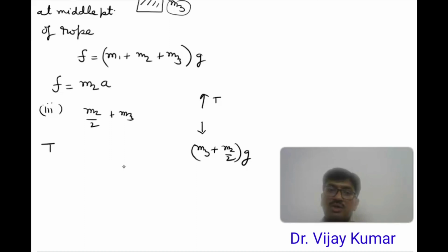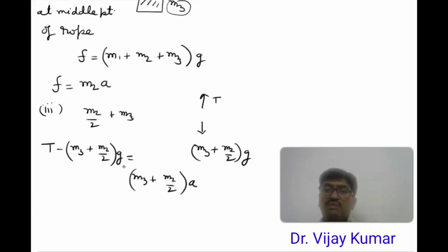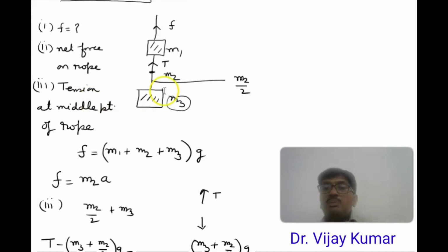So T minus m3 plus m2 by 2 into g should be equal to m3 plus m2 by 2 into a, where a is the acceleration. So this is the tension at the middle point of the rope. Suppose this middle point is P.